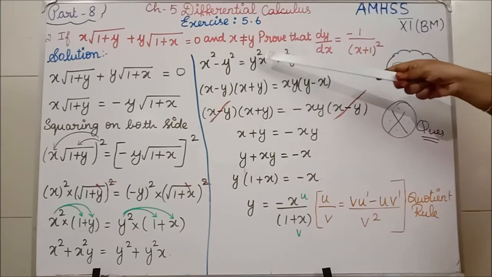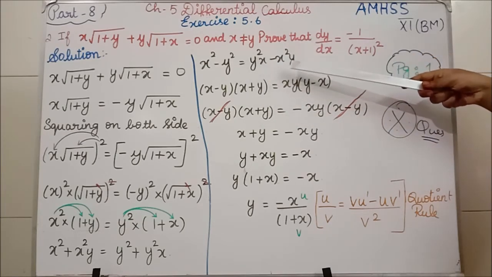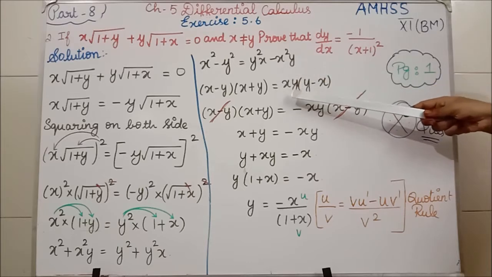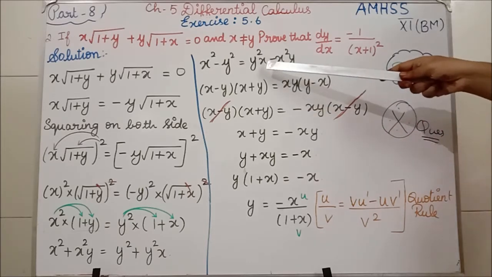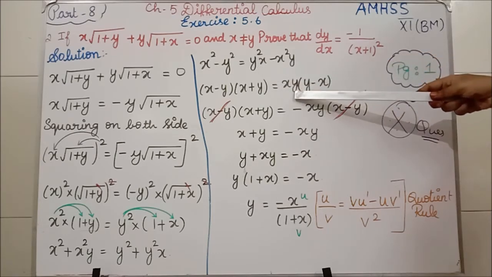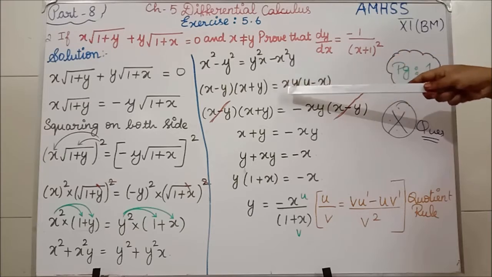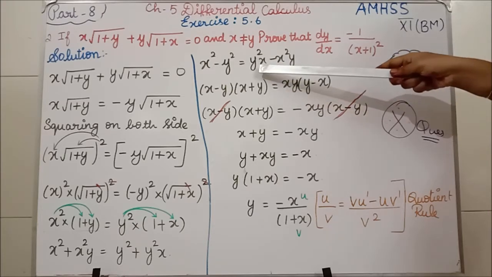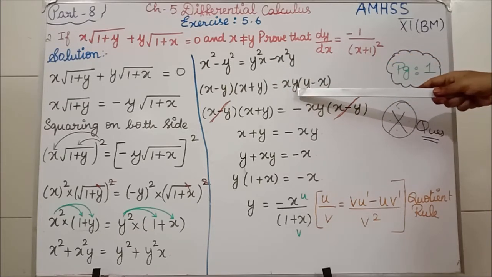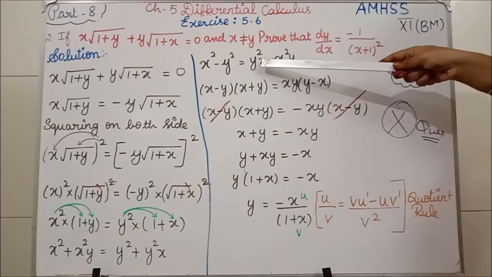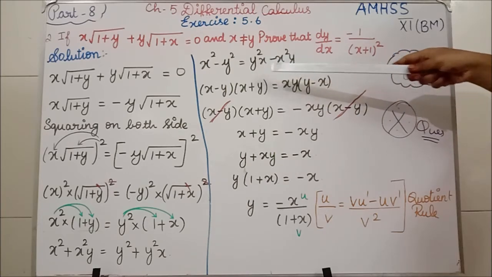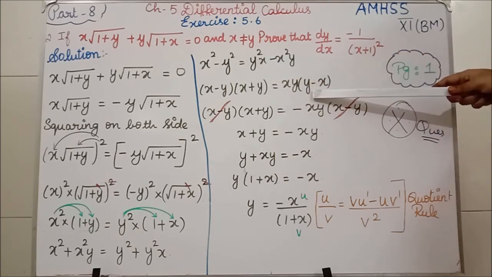Equal to, here also xy term is there, here also xy term is there. So I have taken xy commonly out. See, from the first term, I have taken xy commonly out. Here 1x is there, I have taken 1x. Here y square is there, but I have taken only one y commonly, so the remaining one y I have written inside.